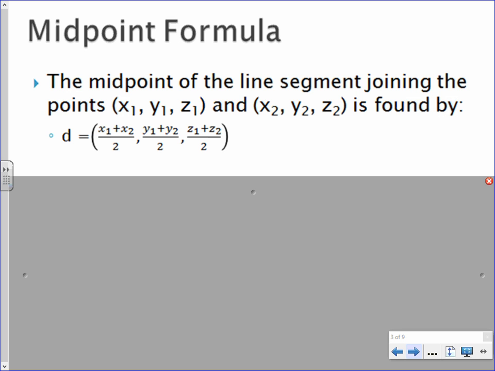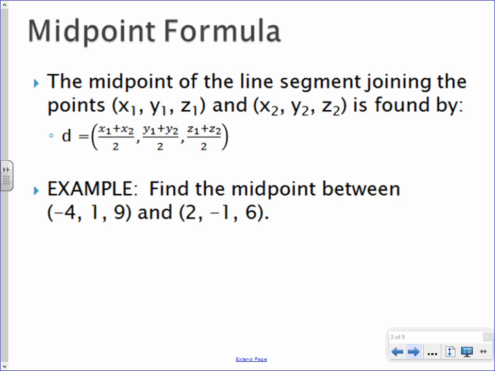I'm not sure why they call it D, but whatever. We'll go with it. Here are the 2 coordinates that we are going to find the midpoint between.